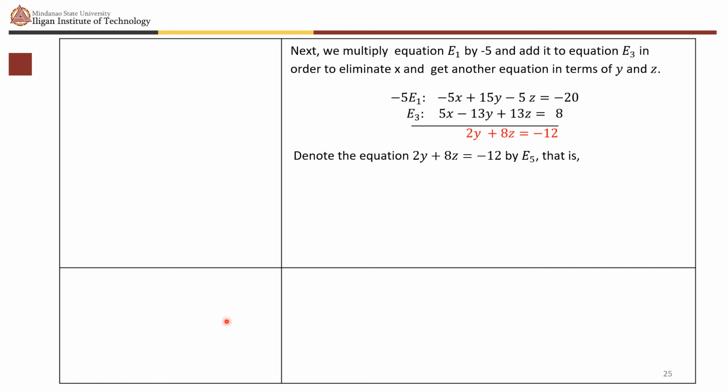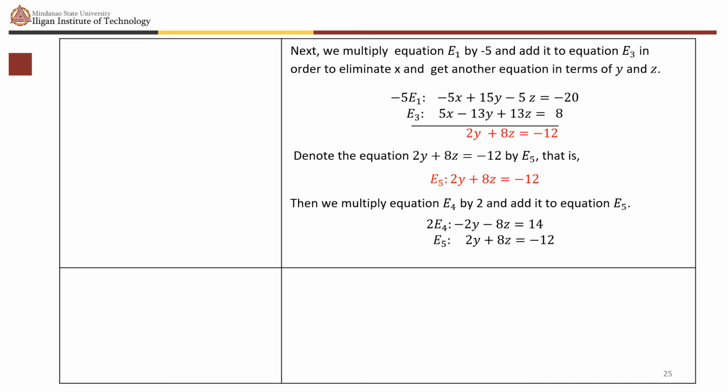So that is, we have E5 is 2y plus 8z equals negative 12. Then we multiply equation E4 by 2 and add it to equation E5. So we have here twice of E4.